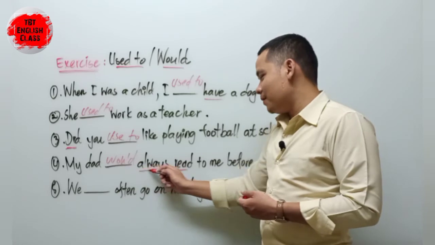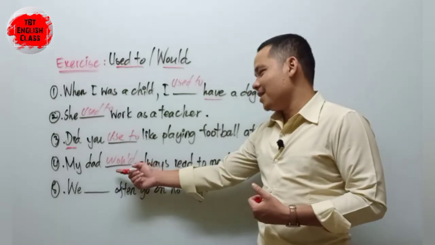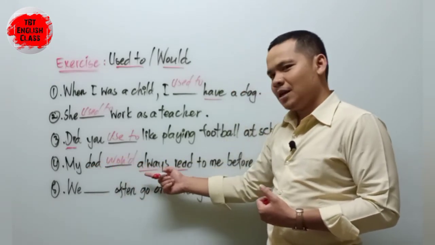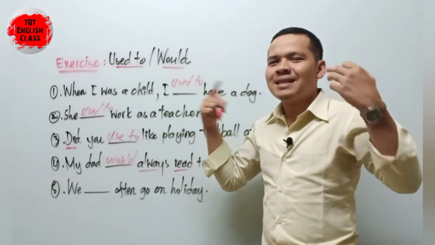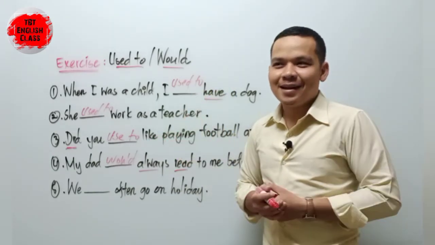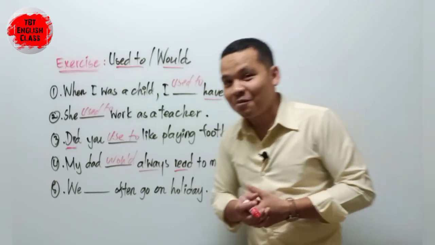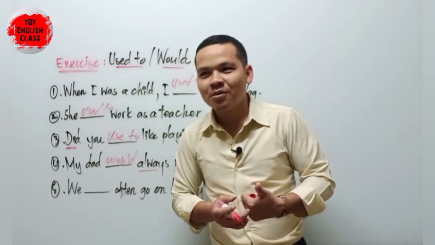You see the adverb of frequency here expresses a habit. So a habit can be used with used to. If you want to say my dad used to always, yes, it sounds a little bit awkward and abnormal to say used to always. Have you ever said it like this? I used to always go.